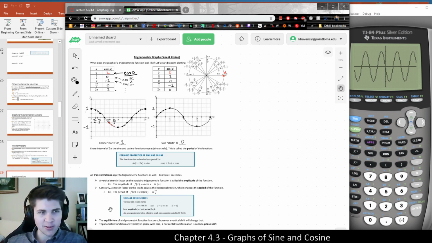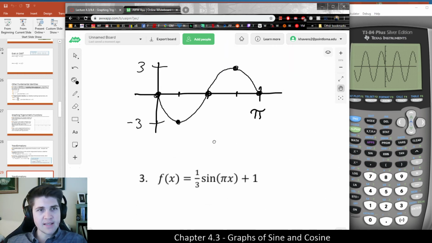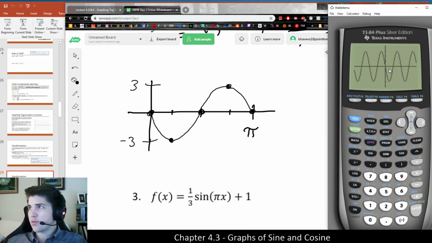One slight difference is that it graphs the x-axis domain from negative 2 pi to 2 pi. So it doesn't just do the right-hand side like we did with cosine and sine from 0 to 2 pi. It actually goes all the way from negative 2 pi to 2 pi.